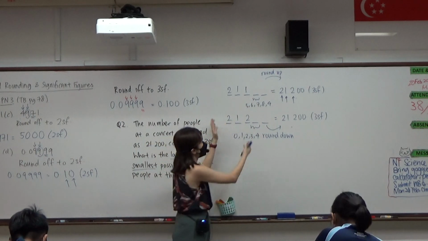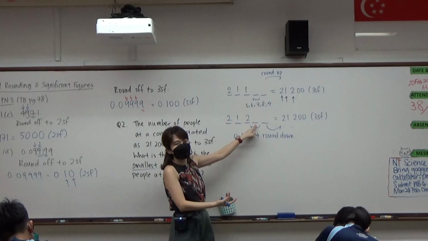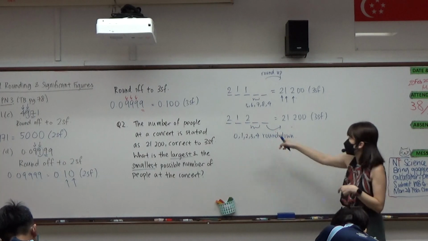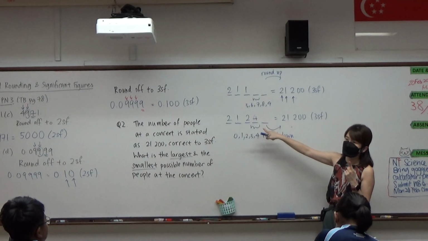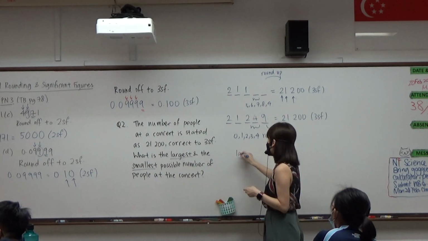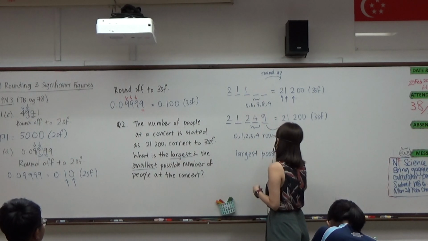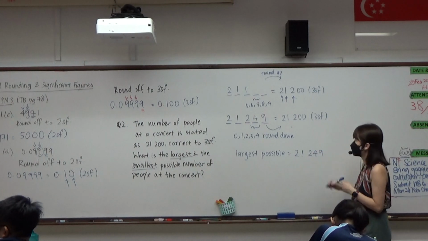Since I'm trying to get the largest possible in this case, which digit should I choose for this space? 4. So we choose a 4. And then for the last one, to get the largest possible, we choose a 9. So the largest possible will be 21,249.